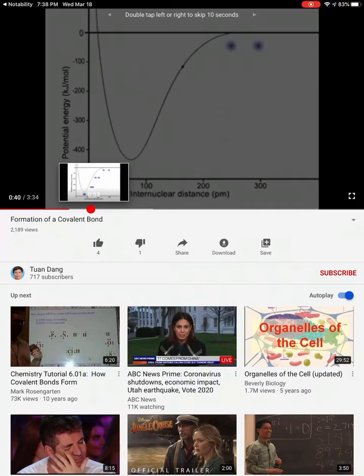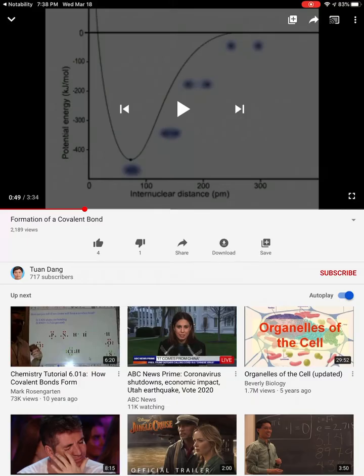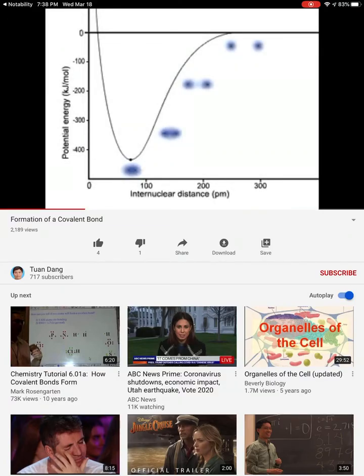Now if I jump forward to here, you can watch it yourself. You can see as the atoms start to get closer together, going leftish and down, do you see that bottom point? You can see the bottom of that little curve.